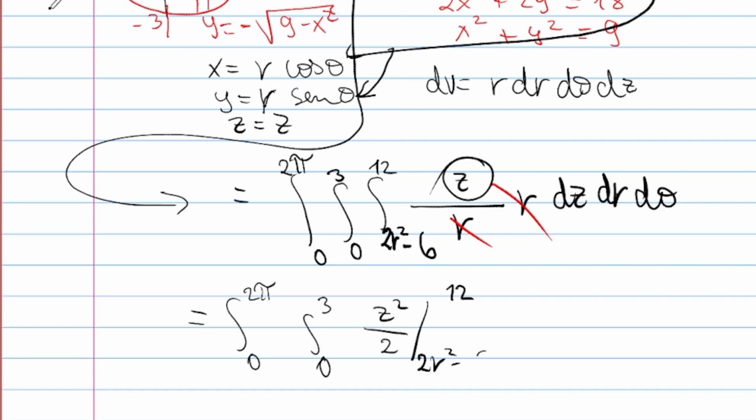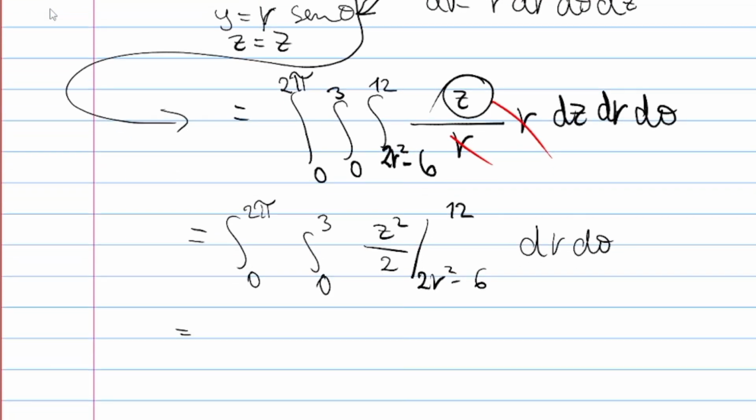minus 6 d theta. So what I see here, guys, is that this video is 12 minutes. So yeah, what do you get? I'm going to put the answer here.